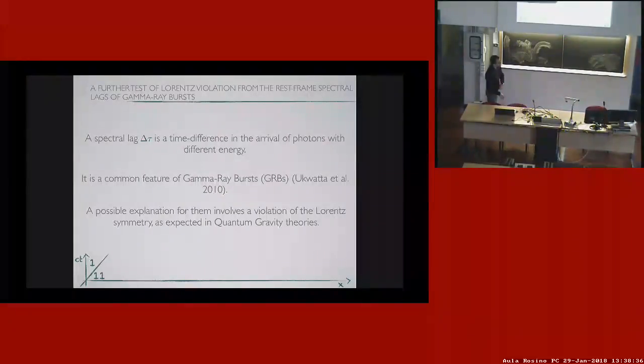One of the possible hypotheses is that these spectral lags may be induced by a violation of the Lorentz symmetry, one of the milestones of our physics, as supposed by some quantum gravity theories.